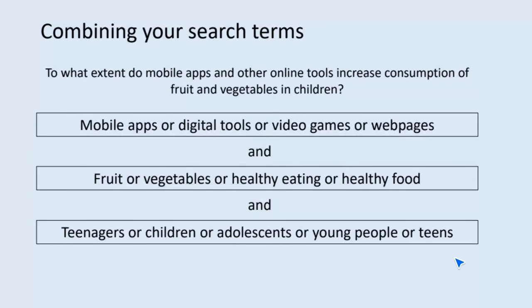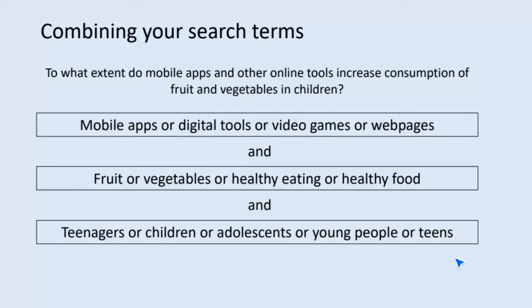Miranda, you've asked, should we use parentheses to collect all the OR terms? Yes, you can do. You don't necessarily have to. When we demo Web of Science, you basically put all your search terms for one concept in one search box, and then you put all your search terms for the next concept in another search box. So you don't necessarily have to use parentheses to group your terms.